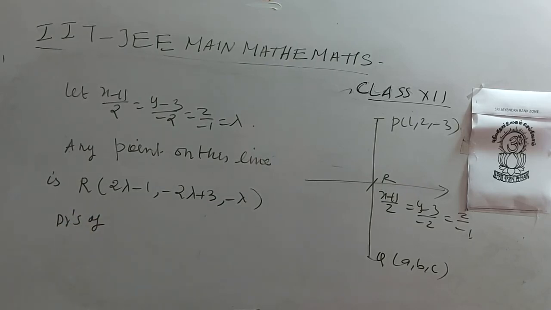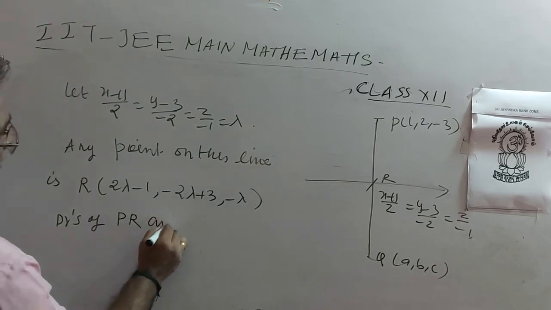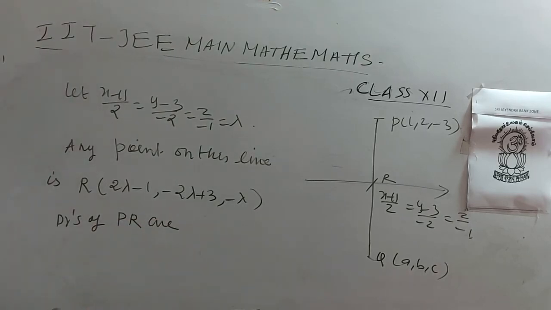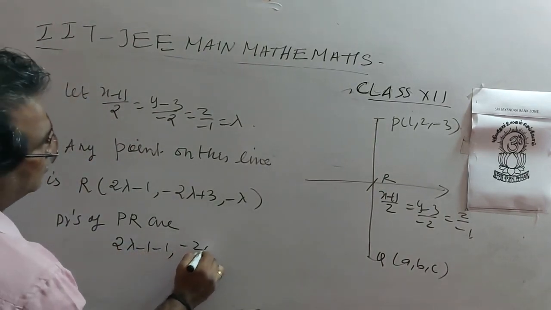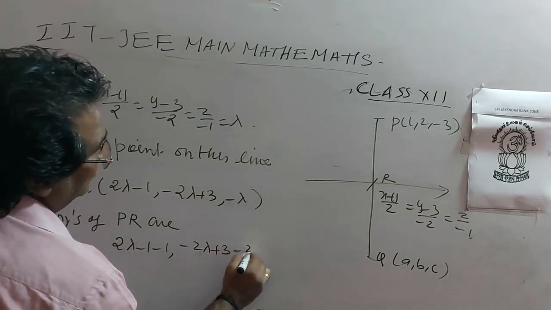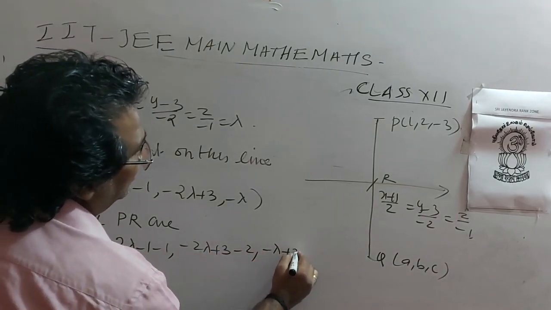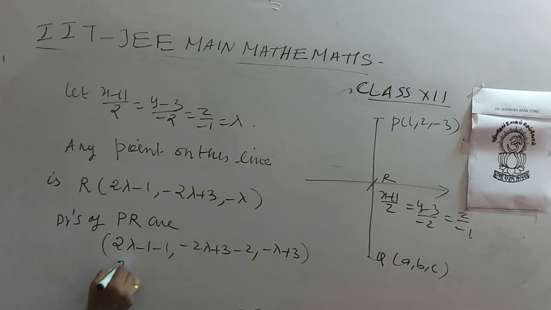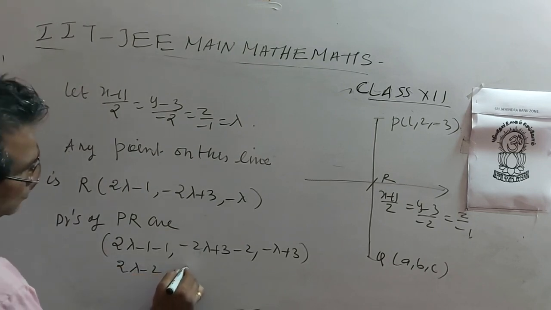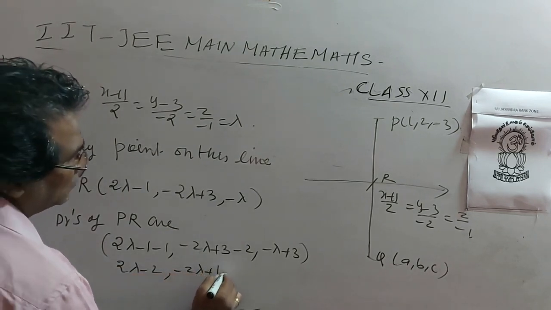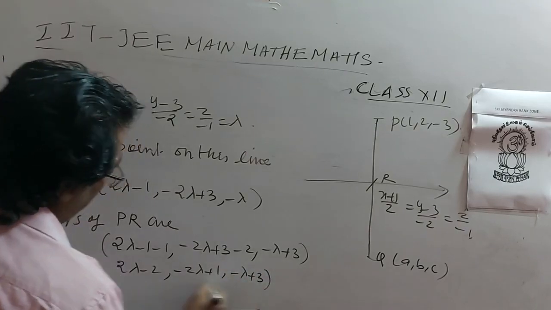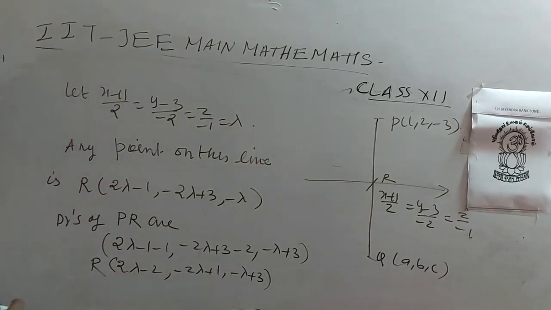The direction ratios of PR: from R you subtract P. So it is 2 lambda - 2, -2 lambda + 1, -lambda + 3.